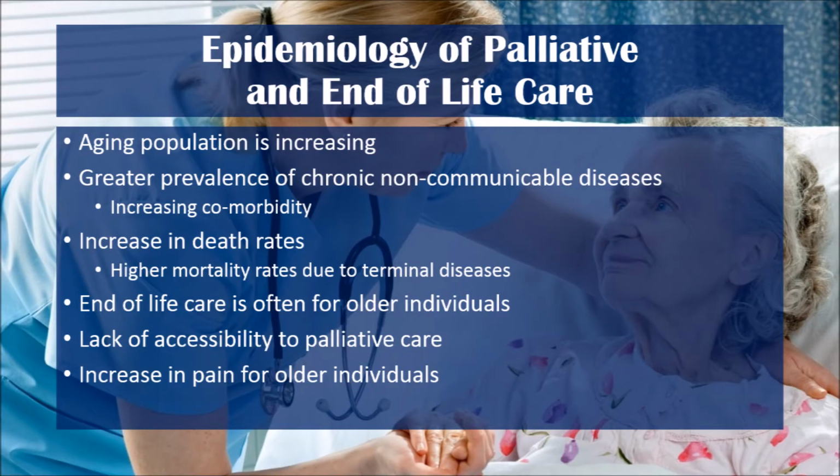The aging population in Canada is increasing, and according to the Canadian Hospice Palliative Care Association 2015 fact sheets, seniors could account for 23 to 25% of the Canadian population by 2036. It is also estimated by 2061 there will be 11.9 to 15 million people over the age of 65.